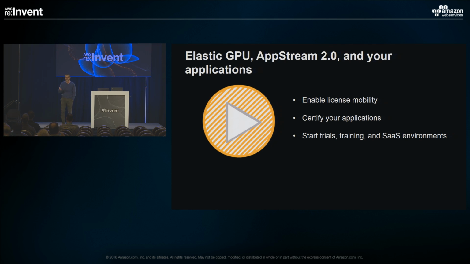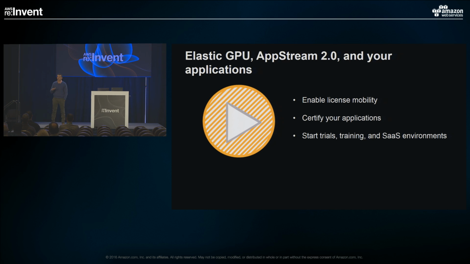So my ask is to make it possible to run your applications on AWS on this platform, and that would involve making the licenses mobile and deployable on AWS. But more importantly, we would like you to certify this platform for your application.